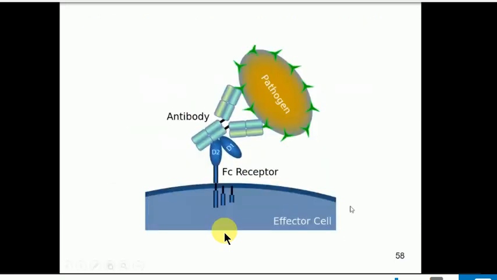So here's a diagram of how this can happen. So we've got an invading pathogen of some sort here. Obviously, this is not to scale. Some protein on the cell surface of the pathogen has been recognized by the antibody. The antibody Fc component is then being recognized by an Fc receptor, on a cell that expresses Fc receptors called an effector cell. There's loads of different cells which are effector cells.